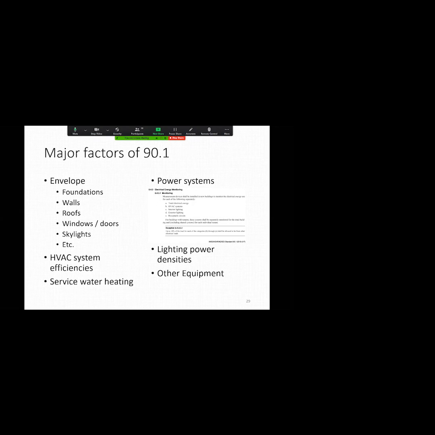Power systems are another big thing that we need to be aware of: being able to monitor how energy is used in different parts of the electrical system. For instance, on campus, all the HVAC systems are being monitored, so they can see when an HVAC system isn't working properly, when it's using too much energy, and say, oh, something on this part of this system, this building probably needs to be replaced.